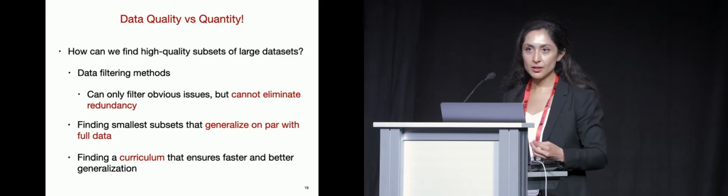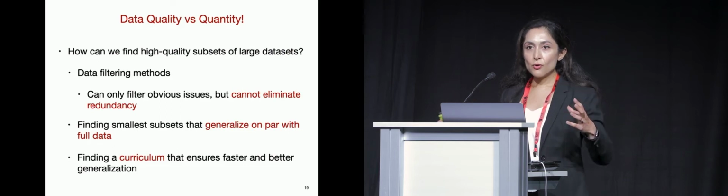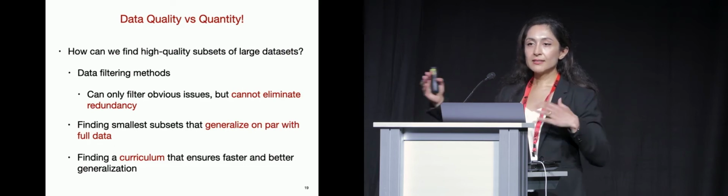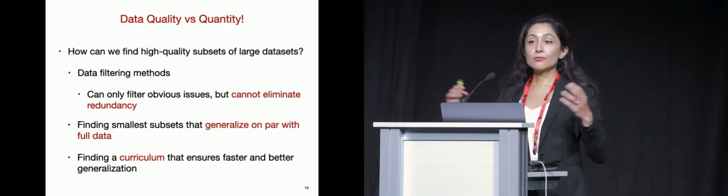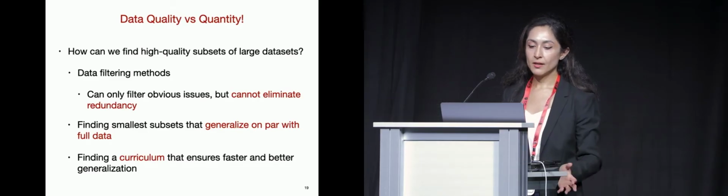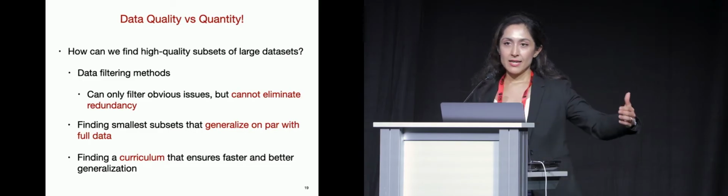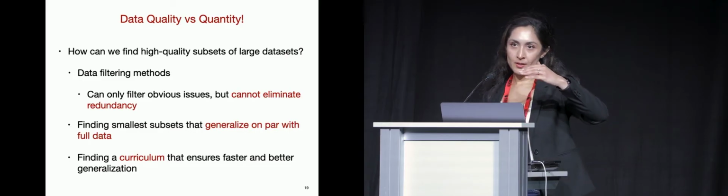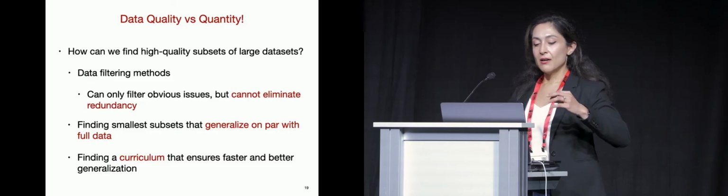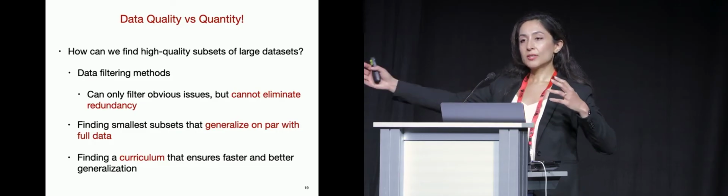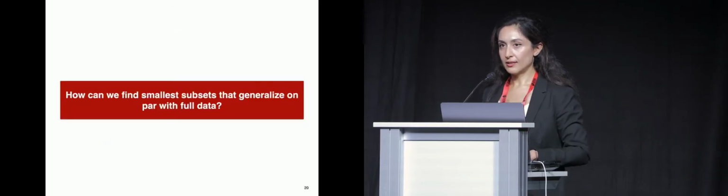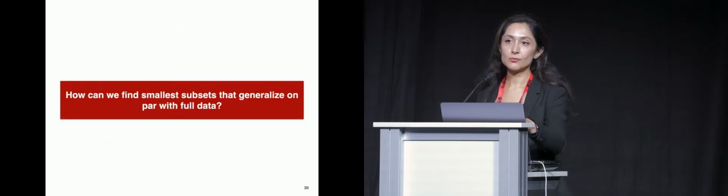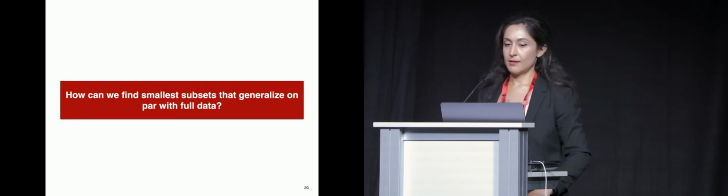We find smaller subsets such that if we train on them, we get the same or better generalization performance than training on the full big data. And a lot of times, we can also get a curriculum, theoretically, of what is most important to train on at which times during the training. Okay, so this is what we want to talk about today.